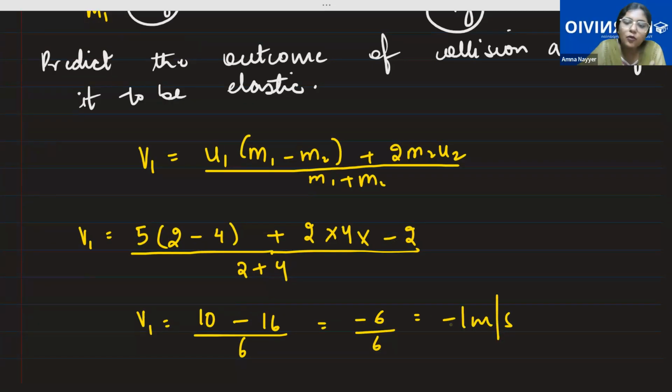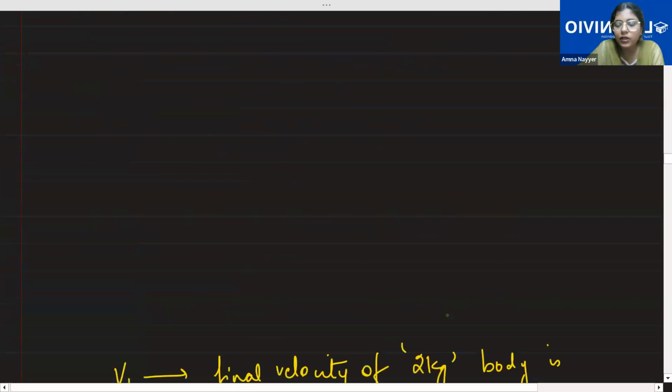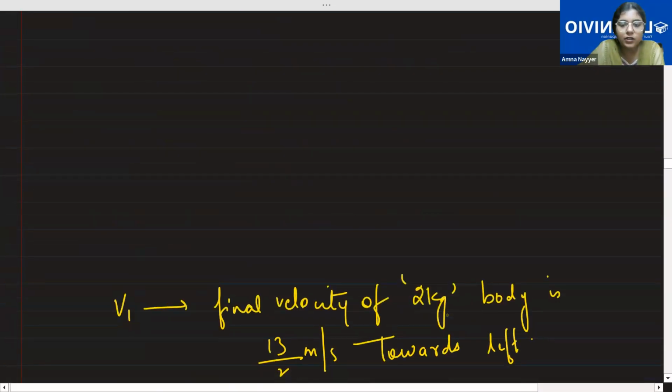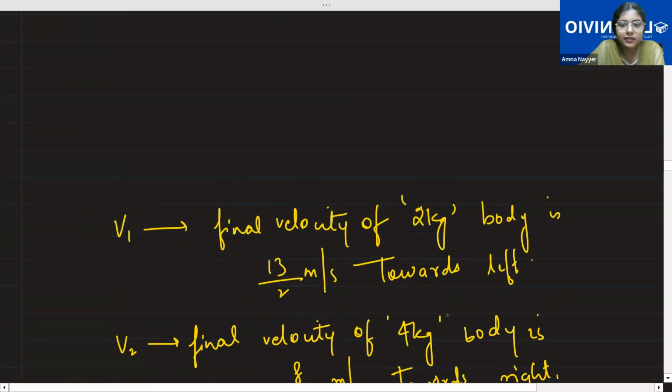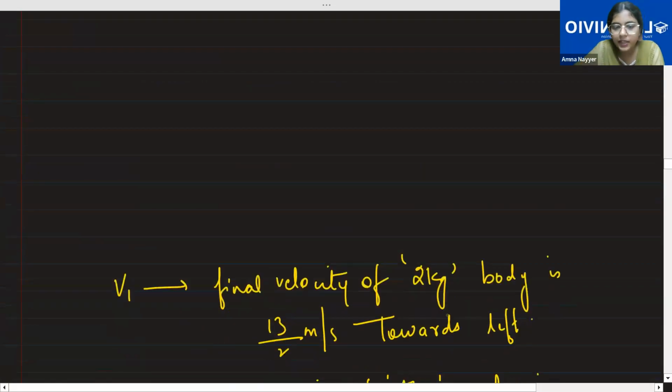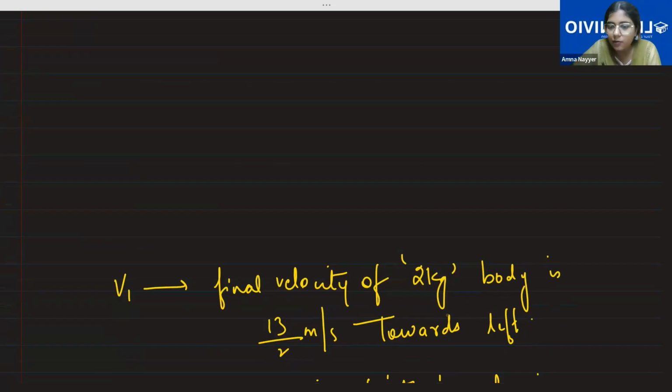Now, why this minus? Minus helps in the outcome. This is how we write the final velocities: 2 kg from here, 1 kg, this is an example.